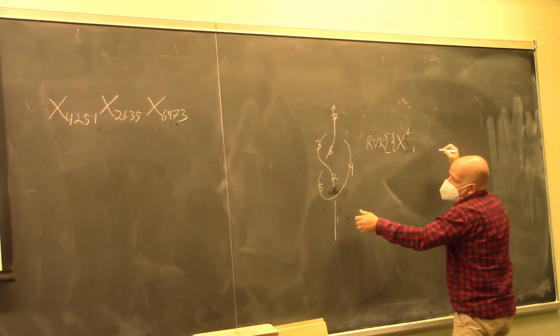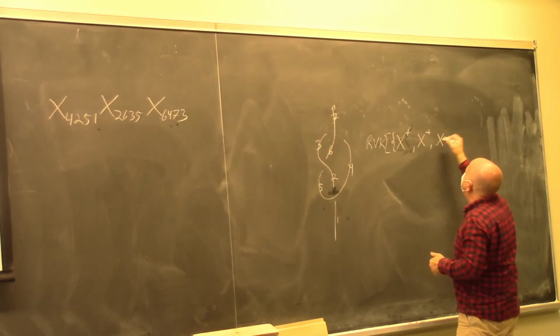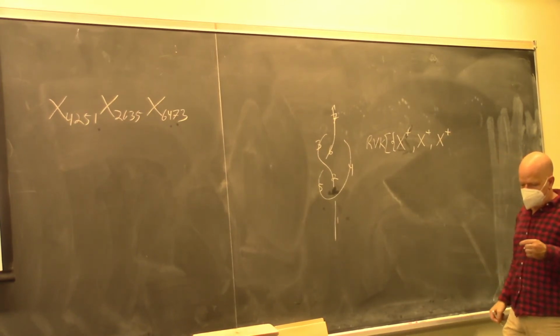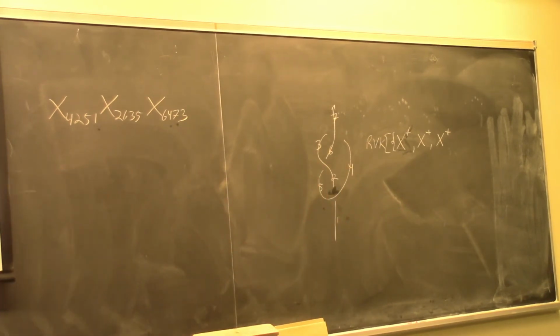The second, in fact, all of them are positive. So 3 positive crossings, but in principle they could be negative. And also, for my current purposes, I don't want to know the 4 labels around. I just want to know names of strands. And each crossing should have just the 2 names of strands that appear in it.